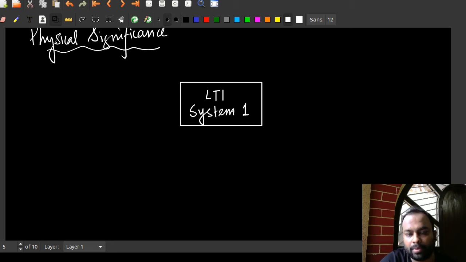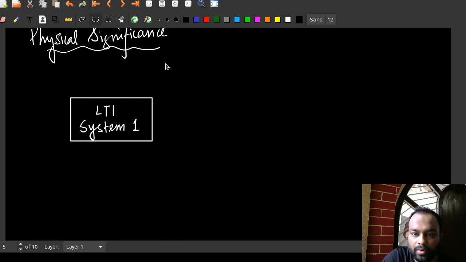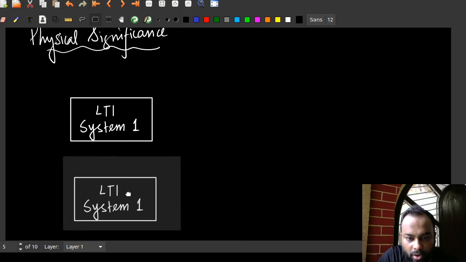This is LTI system number 1, right? This has an impulse response. So when I excite this, let me just bring this here, right? And there is another LTI system. I'm calling that LTI system 2.